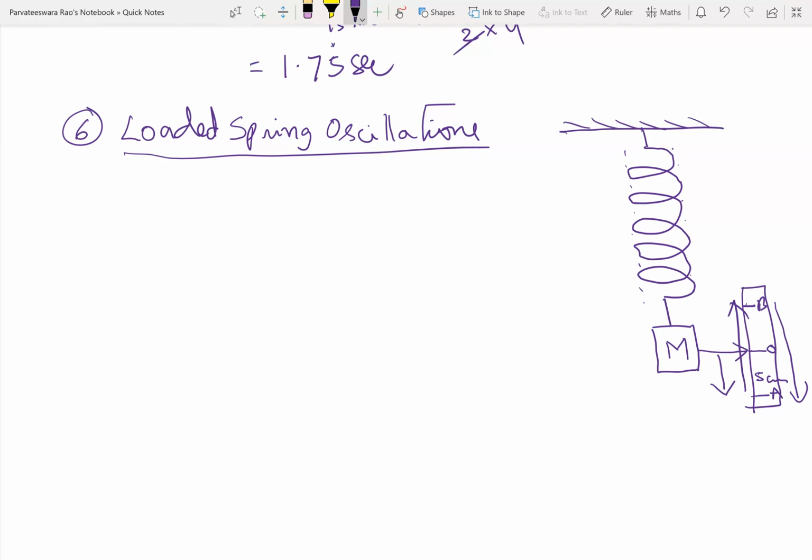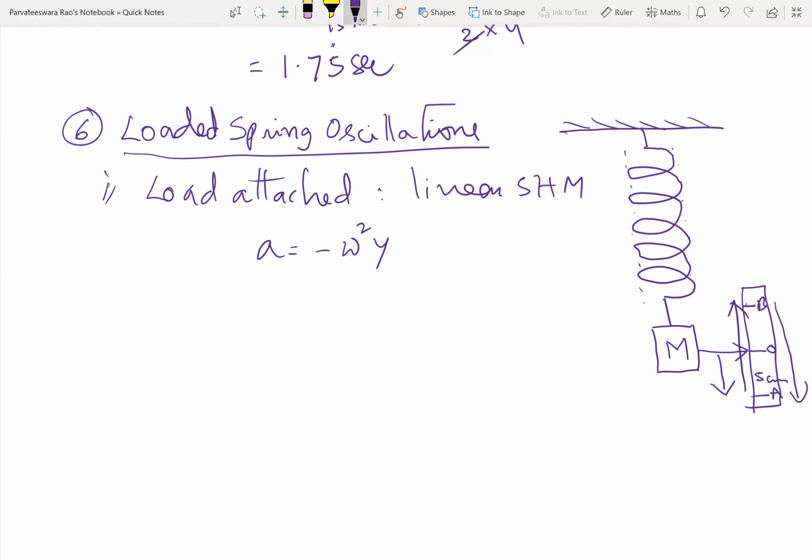So here, the load attached, because it's moving along a straight line, will be in linear simple harmonic motion with acceleration a, of course, equal to omega square y, because the displacement is in the vertical plane.